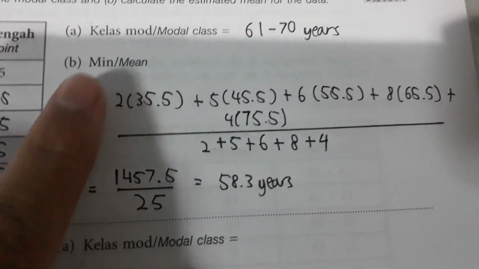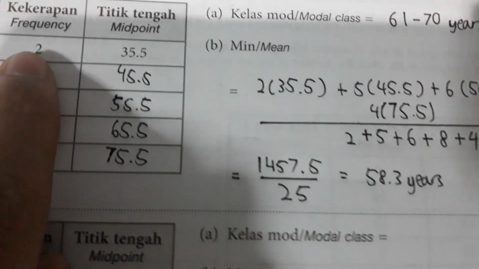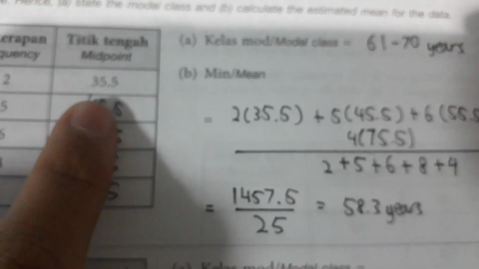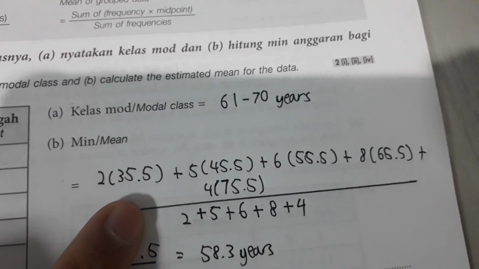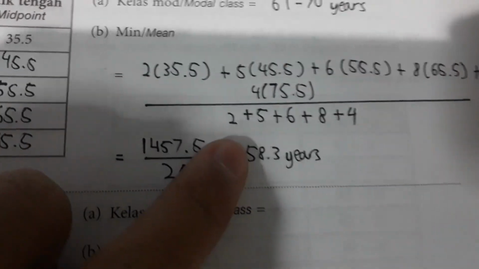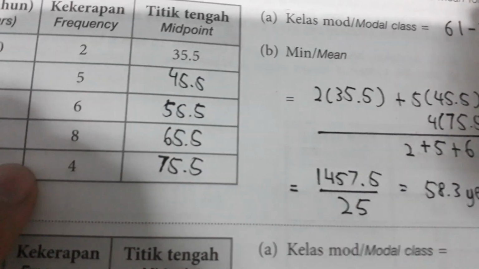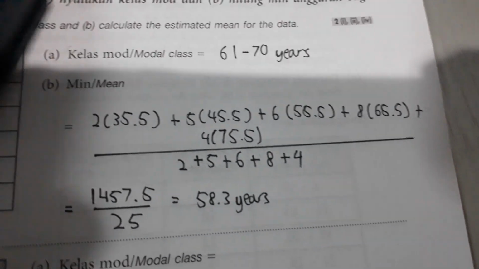As you can see here, frequency is 2, midpoint 35.5 times 2. So you add it all up and then you divide it by the total frequency, as I told you just now. And if you want to use a calculator, the calculator method is a little simple at first.